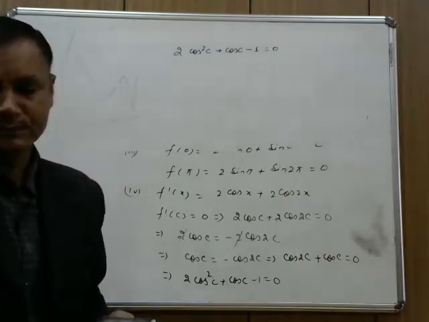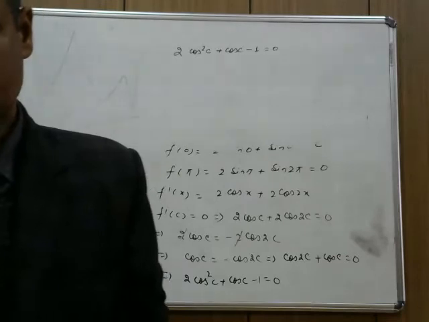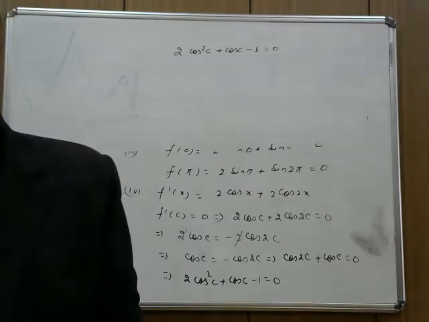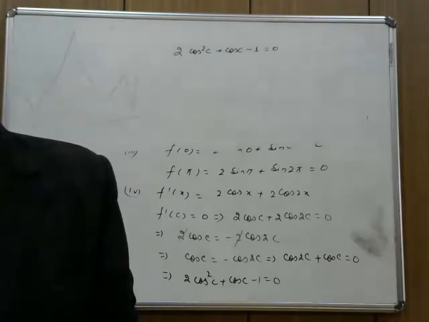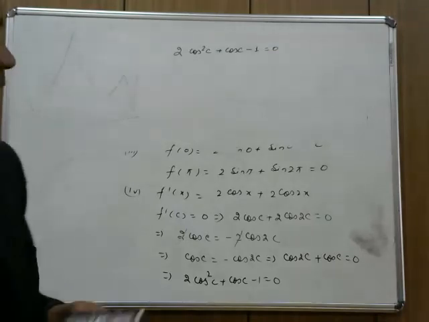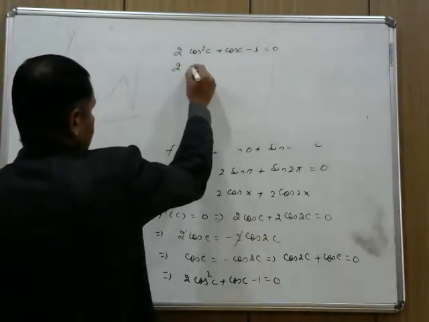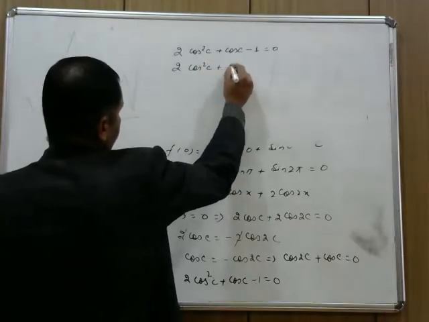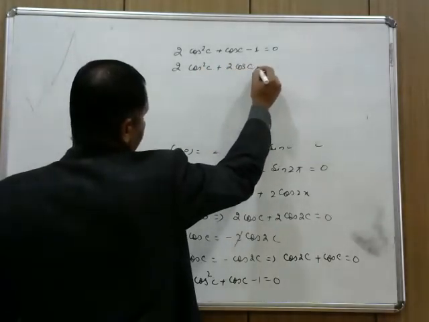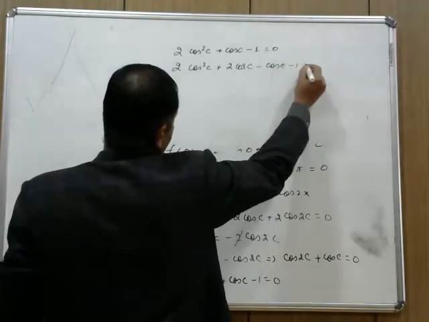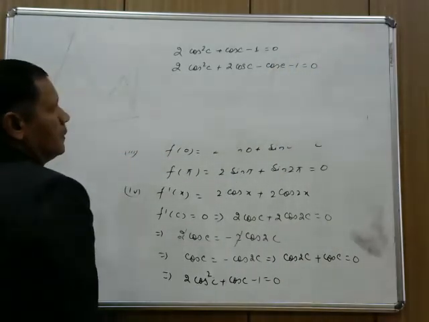Now we go for finding the value of cos c. Right? Can I write now 2 cos square c plus 2 cos c minus cos c minus 1 equal to 0. Right?